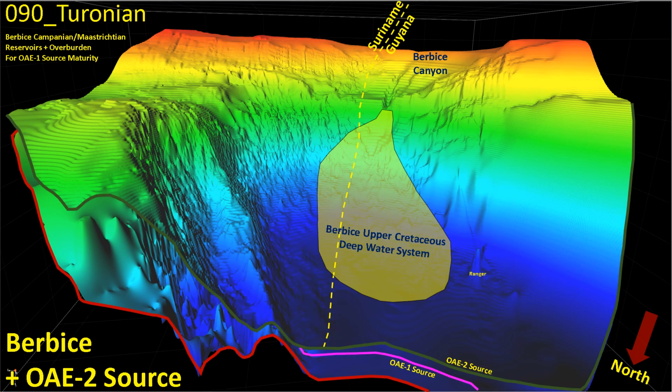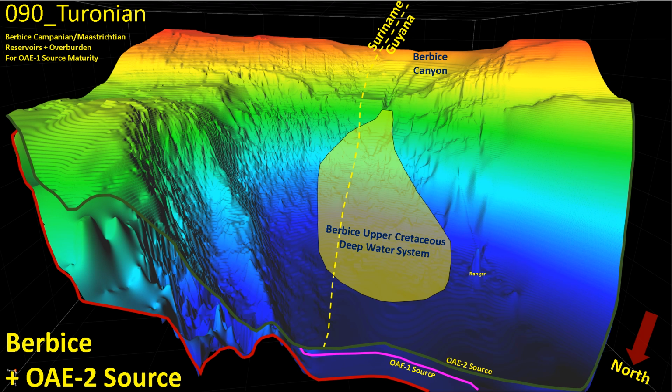On top of the source rock, you get the Berbice deep water clastic system. You can see the deep water canyon, a single canyon cut coming through here, providing significant sediments to the deep water in this Berbice river system, and that provides the overburden to mature the OAE1 source rock.